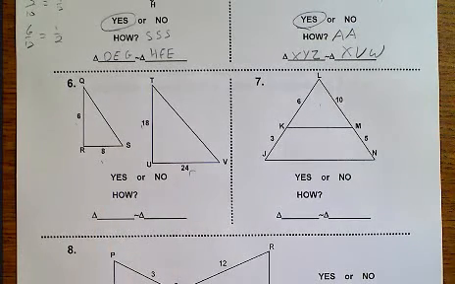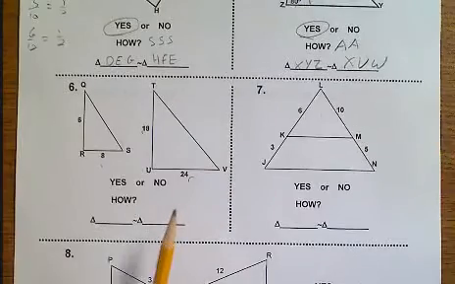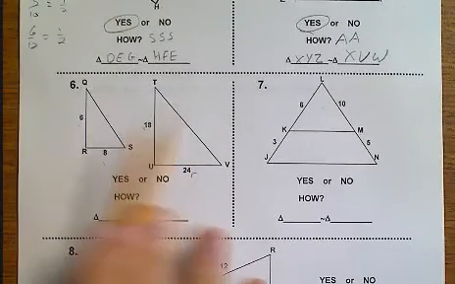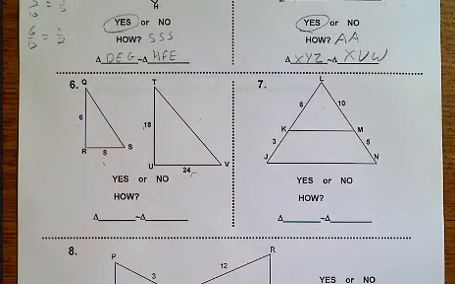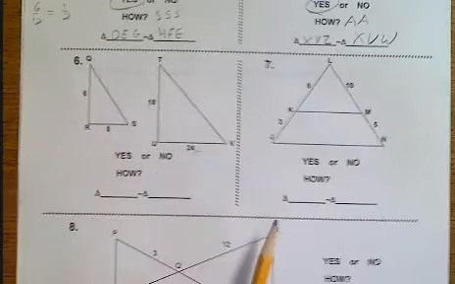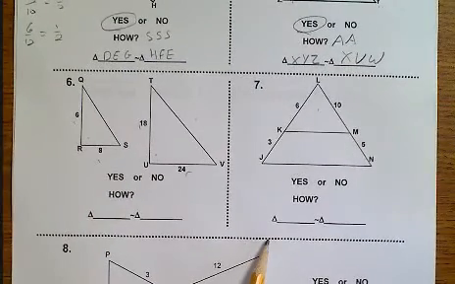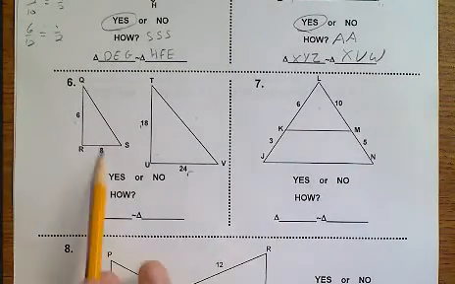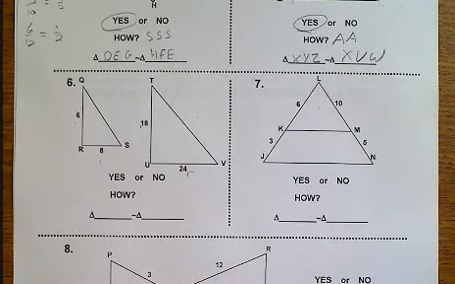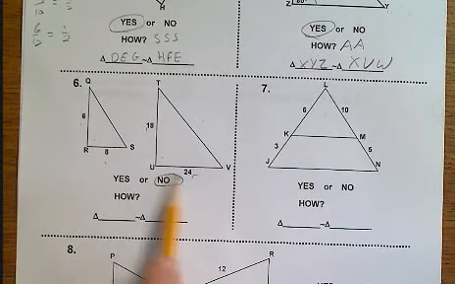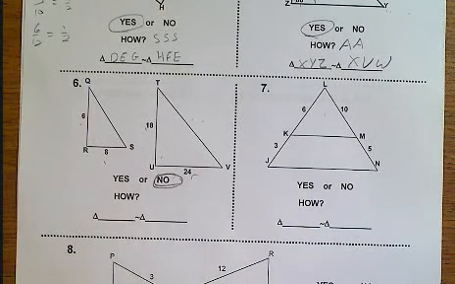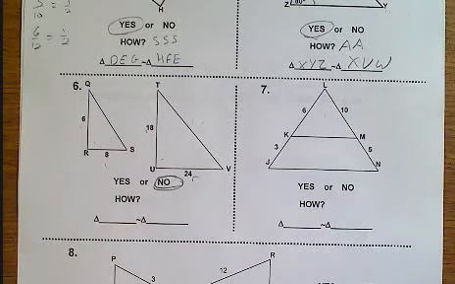But knowing two sides isn't enough without knowing this third side. And if I knew that those were right angles, then I would be able to say side angle side. But I can't do that. So no, there is not enough information.